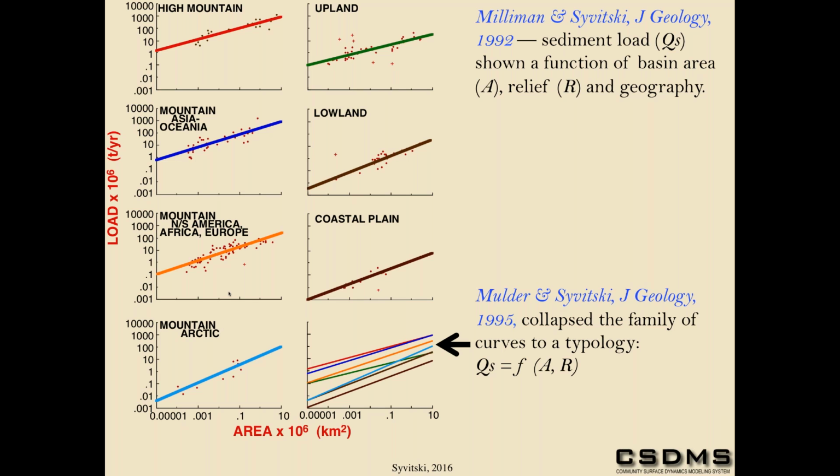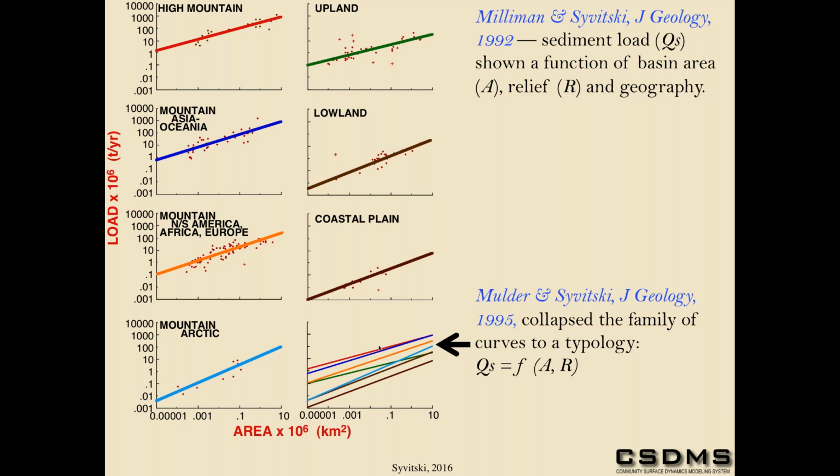So there's a bit of geography in this family of curves of sediment load versus area. And then you'll see there's upland, in the 500 to 1,000 meters of relief, versus lowland, less than 500 meters, and coastal plain, which is less than 100 meters. If you were to plot them all onto one overlapping diagram, down here you'll see you get a family of curves.